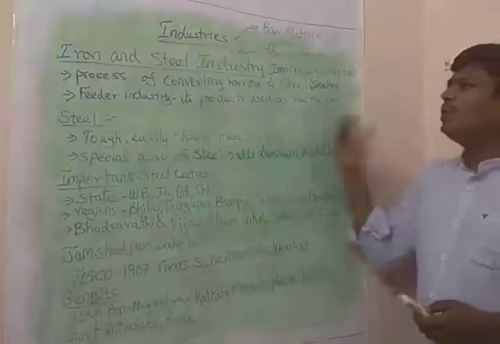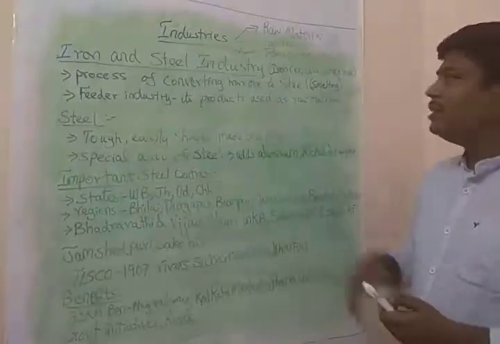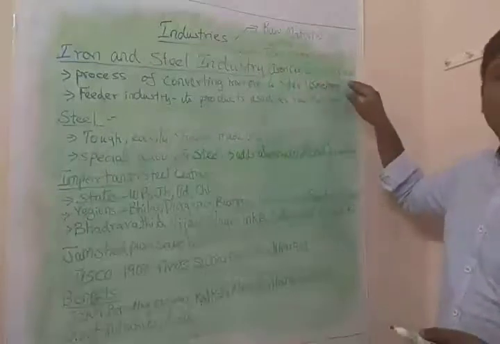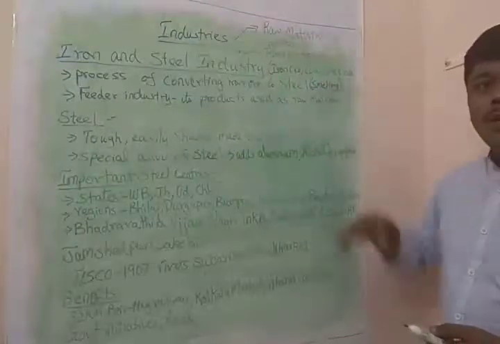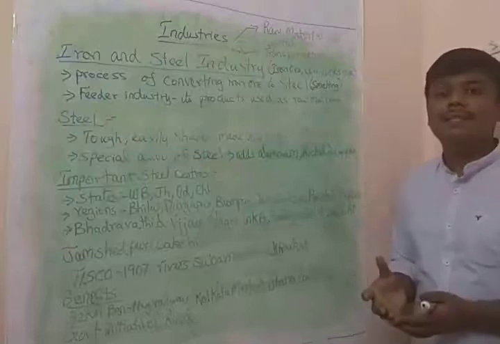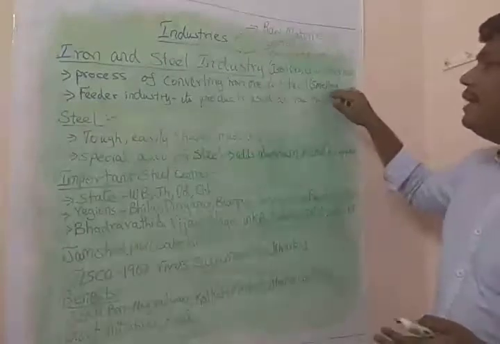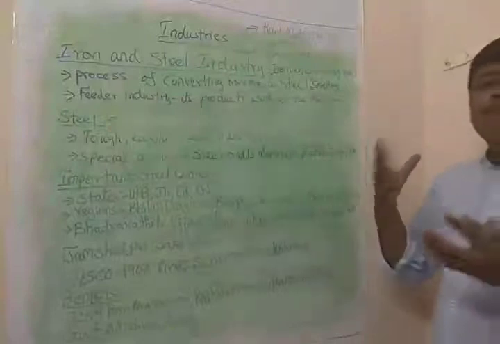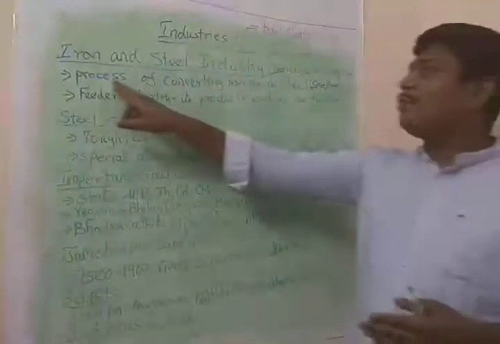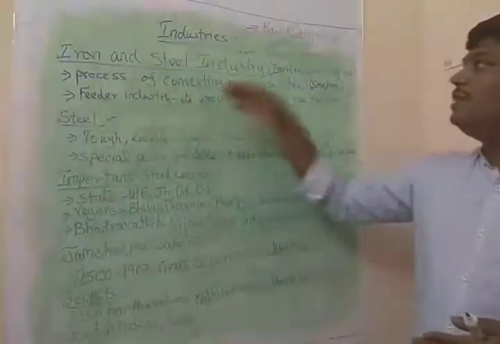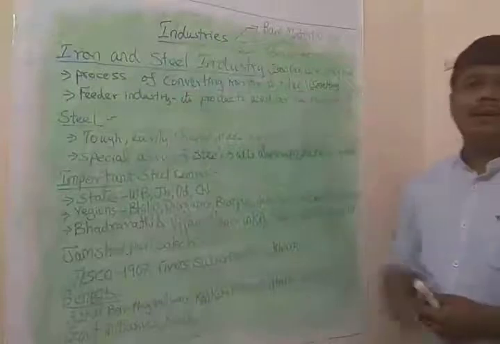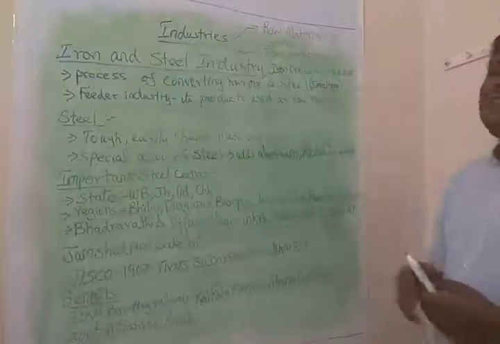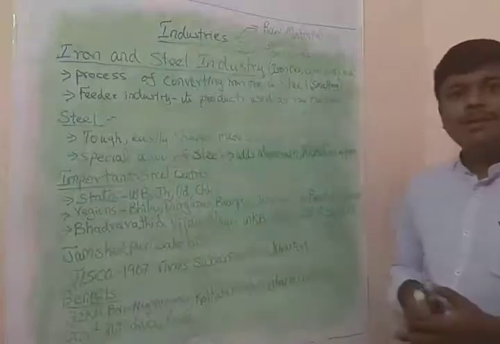So how will this iron ore be processed ma'am? This iron ore, along with coal and limestone, will be smelted, right? By smelting, it melts and that process converts the iron ore to steel, right ma'am? Steel. And normally these iron and steel industries are commonly called what industry ma'am?